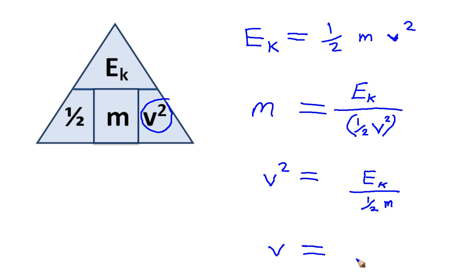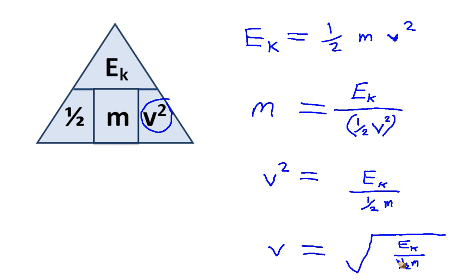And on the other side, we end up with the square root of, and our entire formula so far goes underneath that square root, the EK divided by half of m. So if you're doing this, work out what half of m is, take the kinetic energy and divide by that, and now the thing you've got to realize is you've got to take your entire answer here and do the square root.